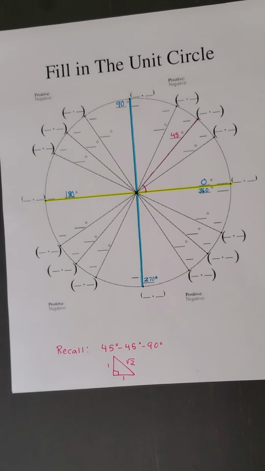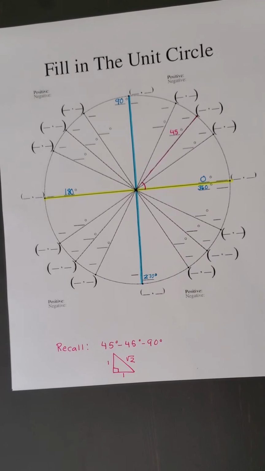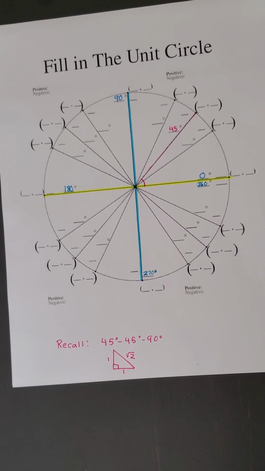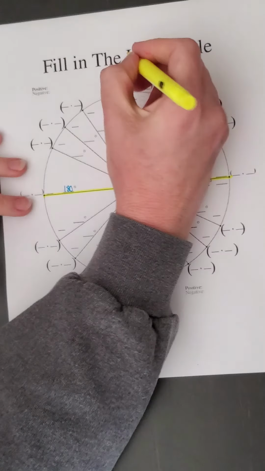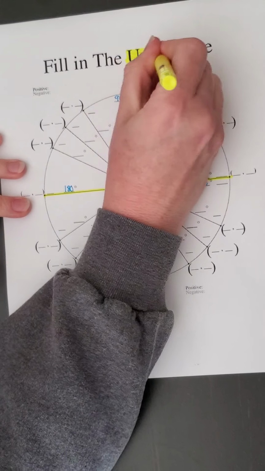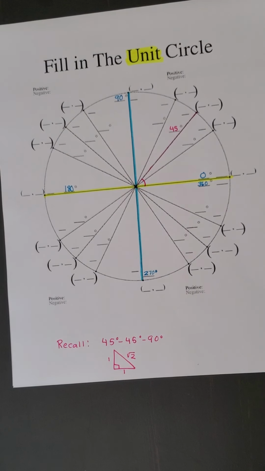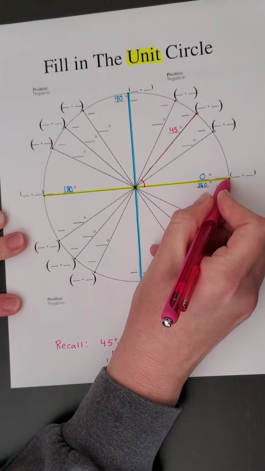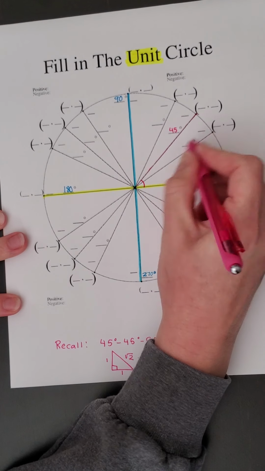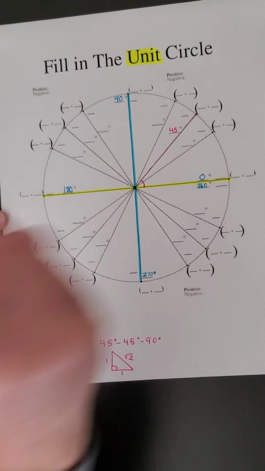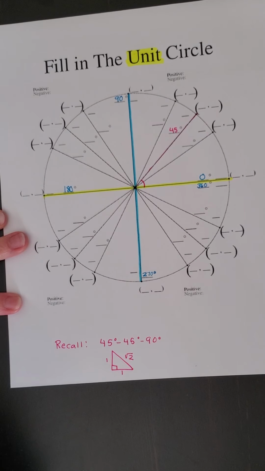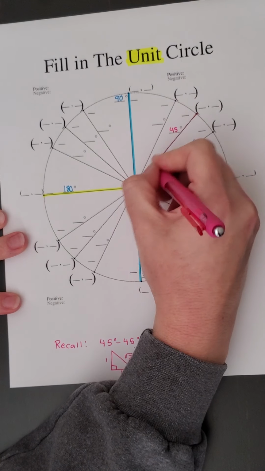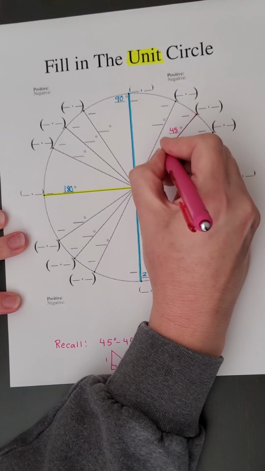Okay. So this, though, is called a unit circle. On the unit circle, the radius of the circle from here to here, or from here to here, or here to here, or here to here, is only 1 unit. So this length from here to here is 1 unit.